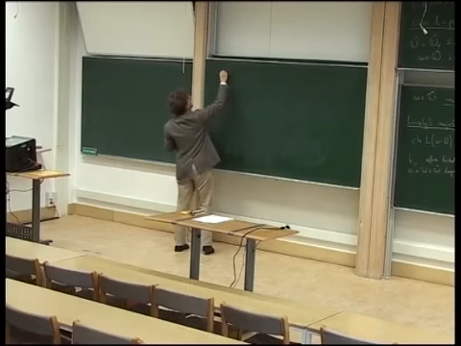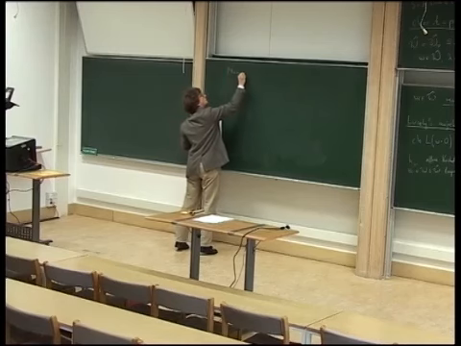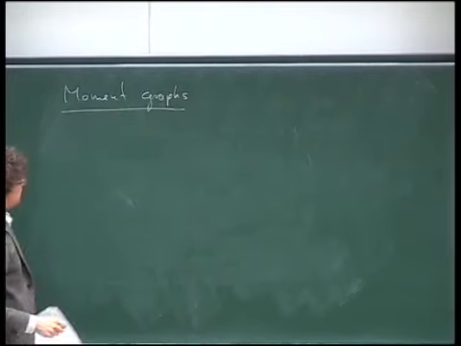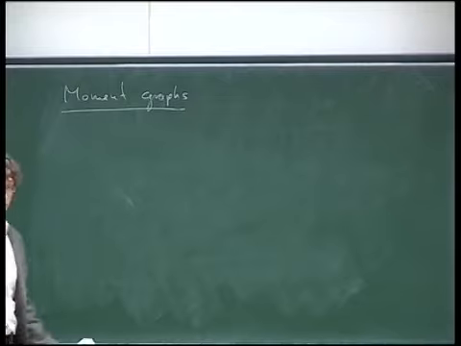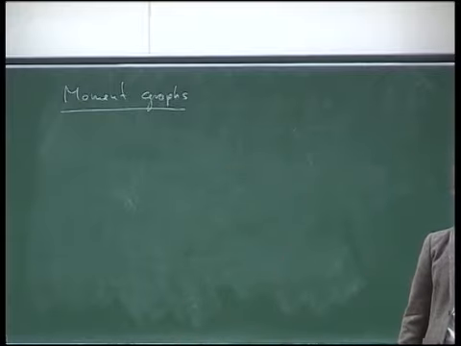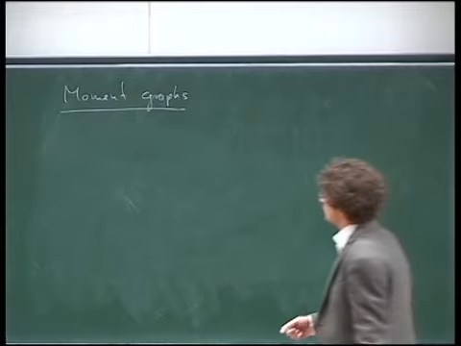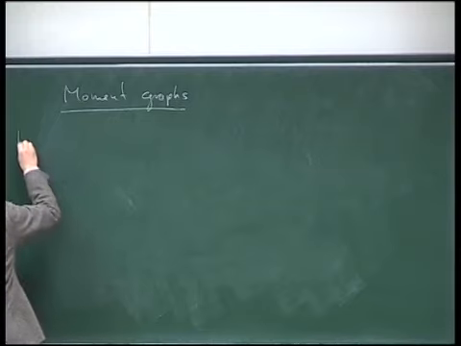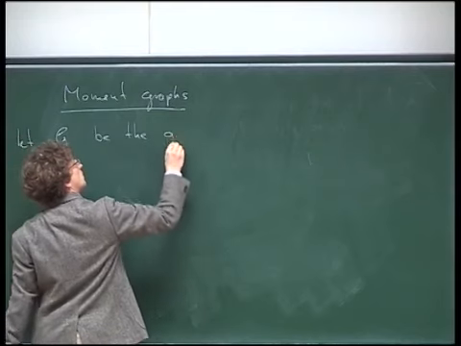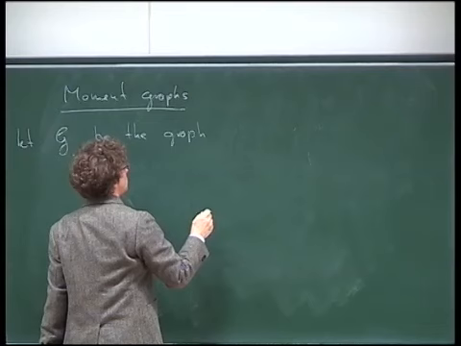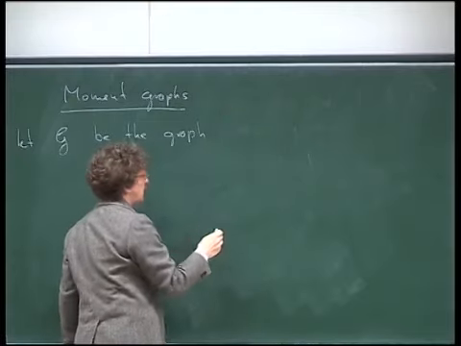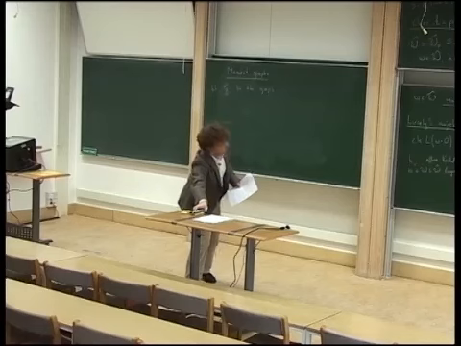So let me introduce a moment graph. A moment graph is a graph with vertices and edges where the edges are labeled by certain elements of a lattice. So in our situation, it's defined as follows. We define G to be the graph with, well, I forgot something.